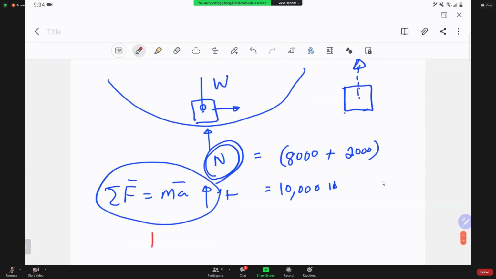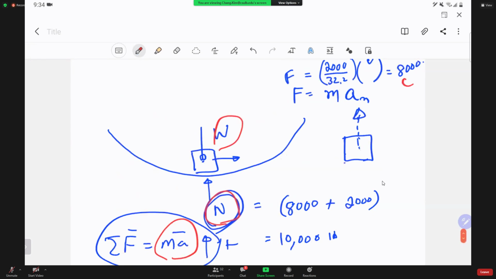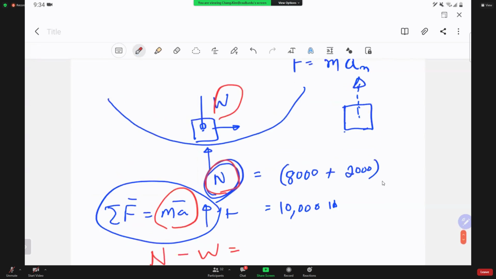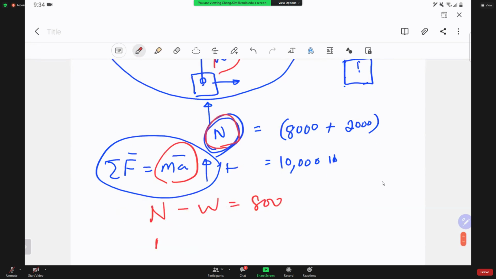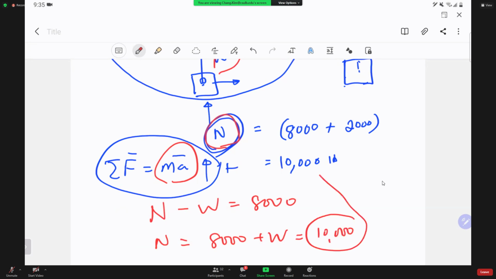So I have an N applied here, W is opposite, equal to MA, the force which I computed as 8,000. That's why N is equal to 8,000 plus W. W is 2,000. That's why we have 10,000 pounds acting.